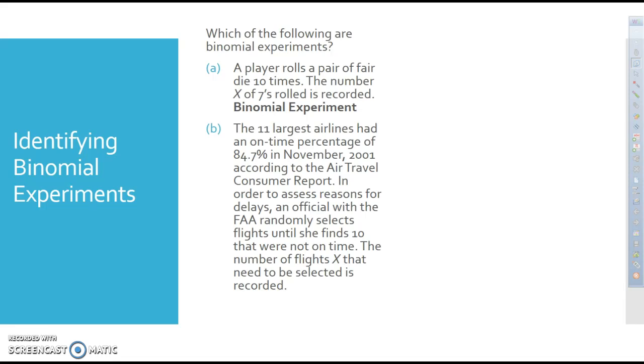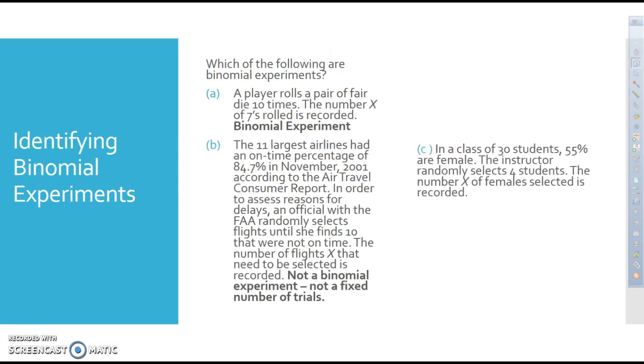So this next example says the 11th largest airlines had an on-time percentage of 84.7 in November 2001, according to some consumer report. We're assessing reasons for delays, and we randomly select flights until we find 10 that are not on time. Is that binomial or not? And the answer would be no, it's not a fixed number of trials.